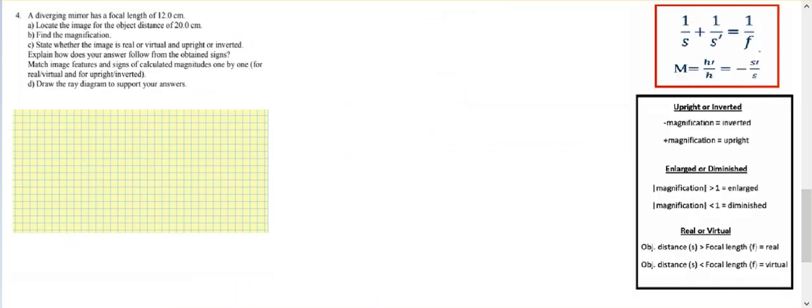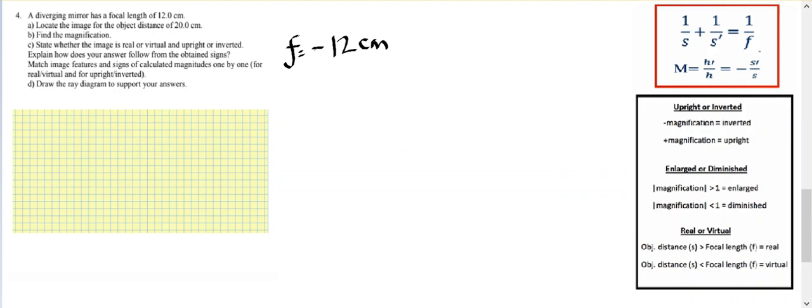Okay, so let's try to solve a problem. We have our formulas on the right-hand side. It says a diverging mirror has a focal length of 12 centimeters. However, if you remember earlier, a focal length for a diverging mirror is negative.